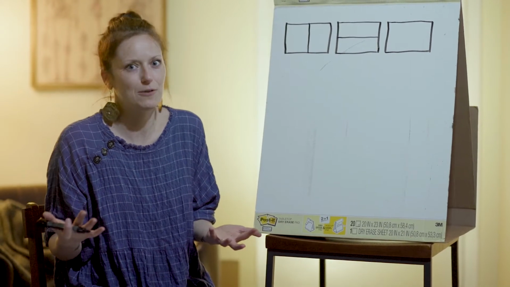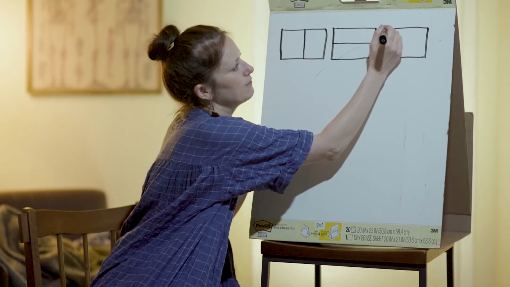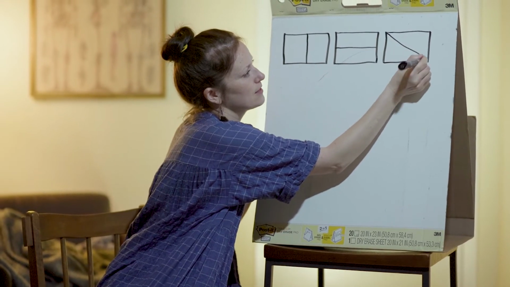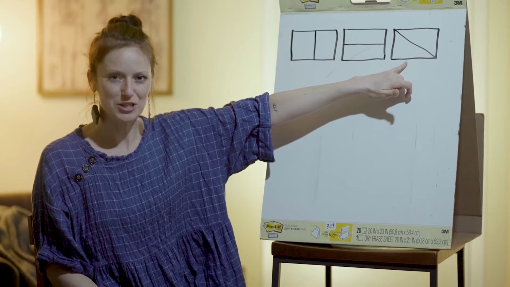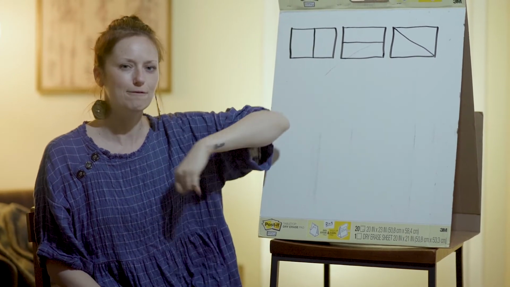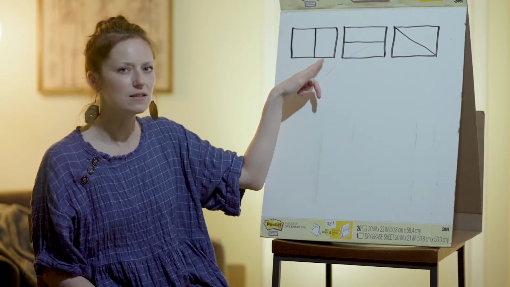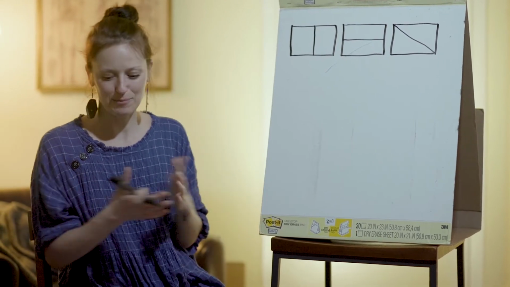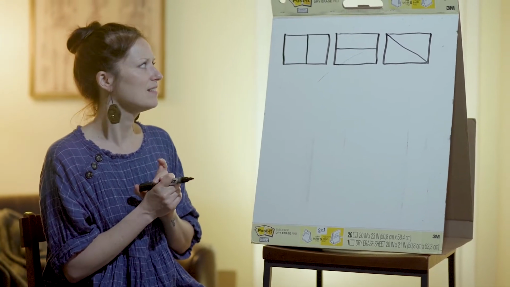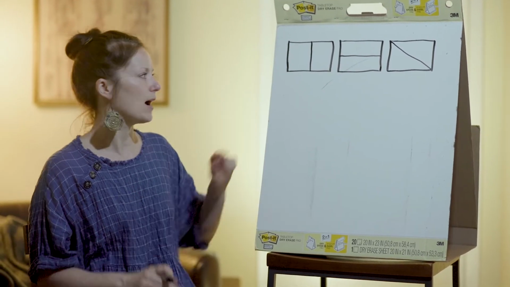So if I were to draw a line like so, the way I wish my mom had always cut my sandwiches, would I still have two equal halves there? Even though this shape is different from these, does that still mean it's two equal halves? Yes, absolutely.